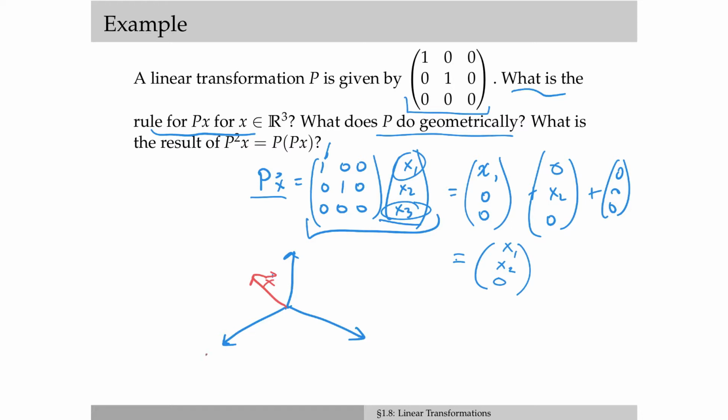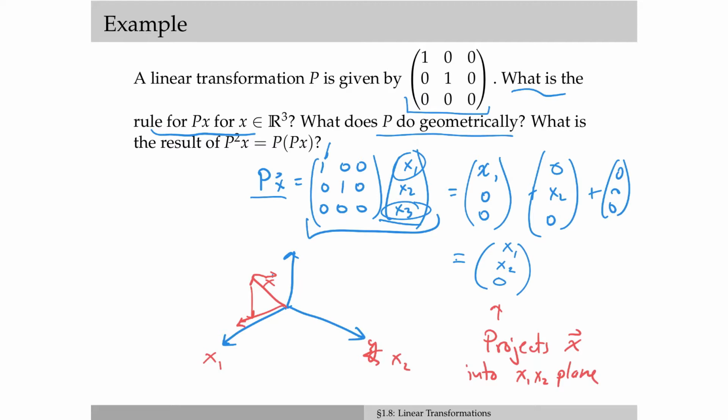What this does, if I call this x and this y, or really x1 and x2, because we're using x1, x2, x3, it's going to project it down into the x1, x2 plane. So this projects x into the x1, x2 plane.